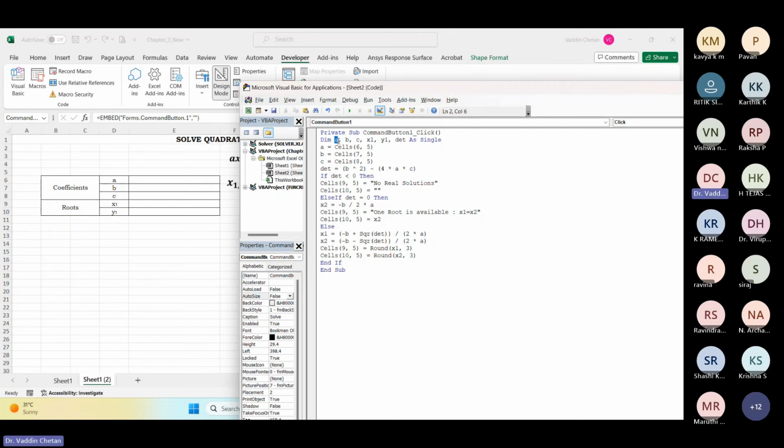Here I am declaring the variables, that is A, B, C are the three, X1, Y1 is the root and det is the determinant which I am going to take, that is B square minus 4AC. There is no hard and fast rule that I need to take it as det. I can take it as AB or I can take Chetan, whatsoever I wish. Now, the first and foremost thing is I need to inform which cell corresponds to values A, B, C.